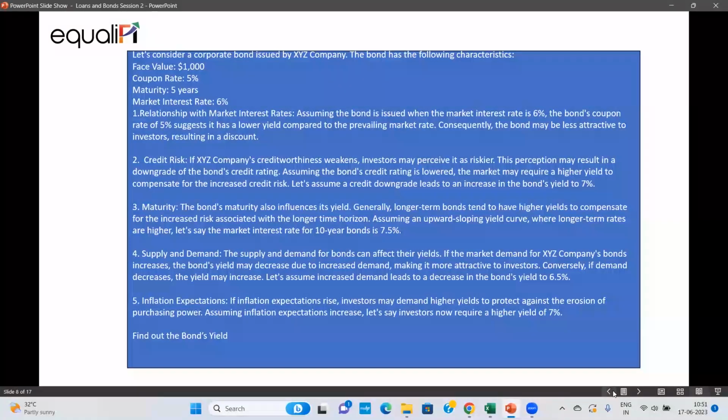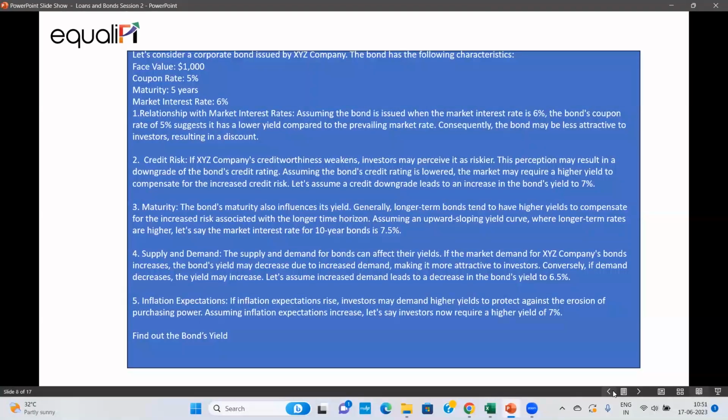Now, relationship with the market interest rate: assuming the bond is issued when the market interest rate is 6%, the bond's coupon rate of 5% suggests that it has a lower yield compared to the prevailing market rate. Consequently, the bond may be less attractive to the investors, resulting in a discount, right? So there is a discount premium risk.